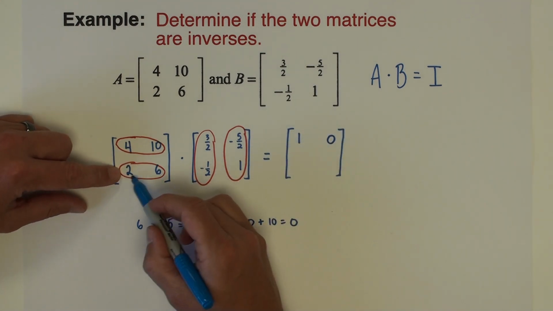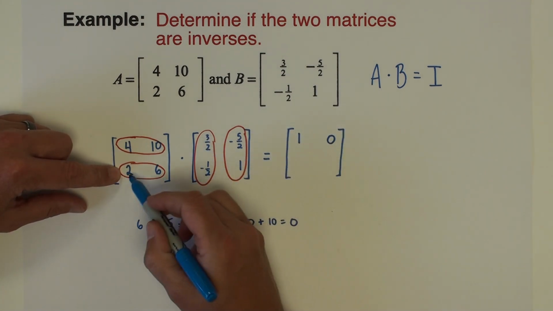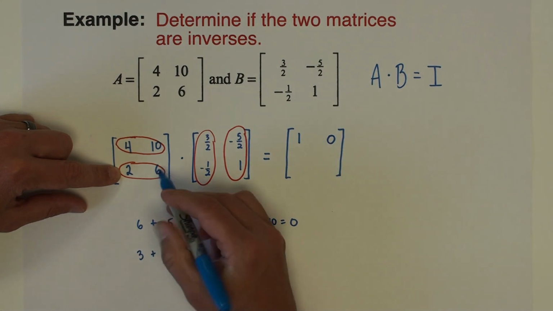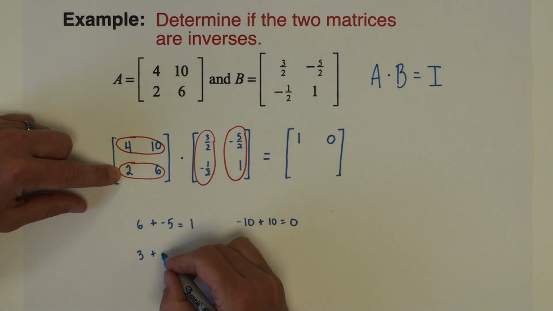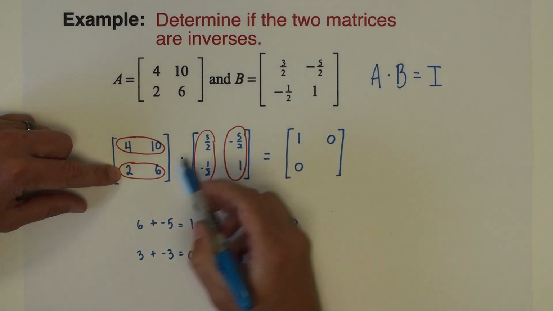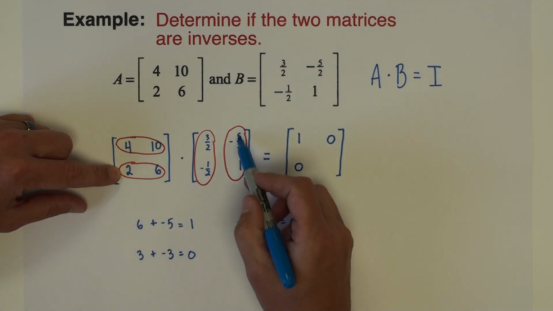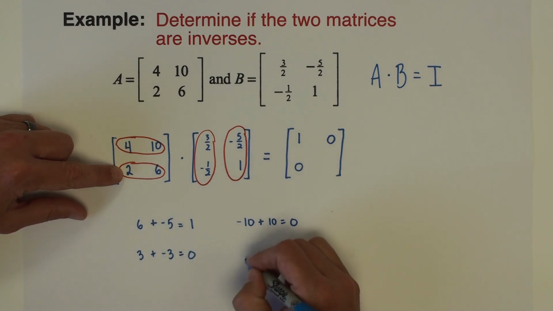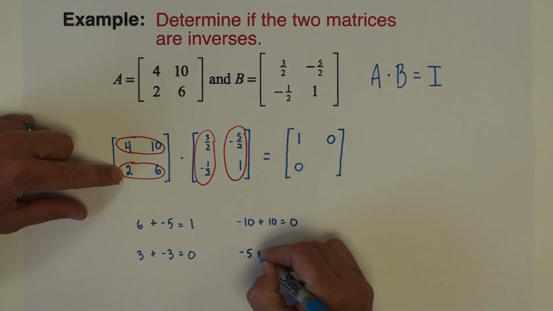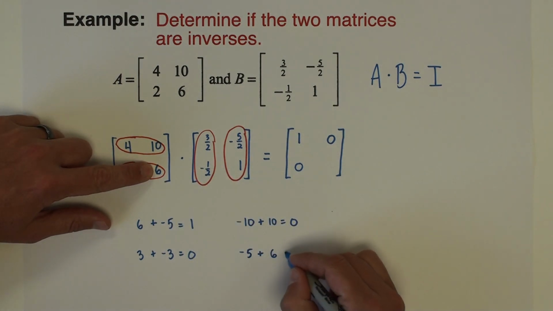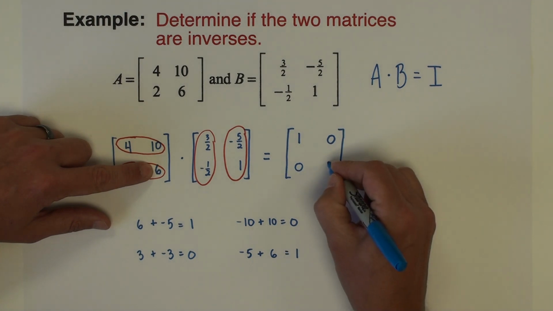I'm going to come down to the bottom row, and I'm going to do the first column. 2 times 3 halves is 3, plus 6 times negative half is negative 3. That's 0. And I'm going to stay in the bottom row and do the last column. So 2 times negative 5 halves is negative 5, plus 6 times 1 is 6, and that's 1.